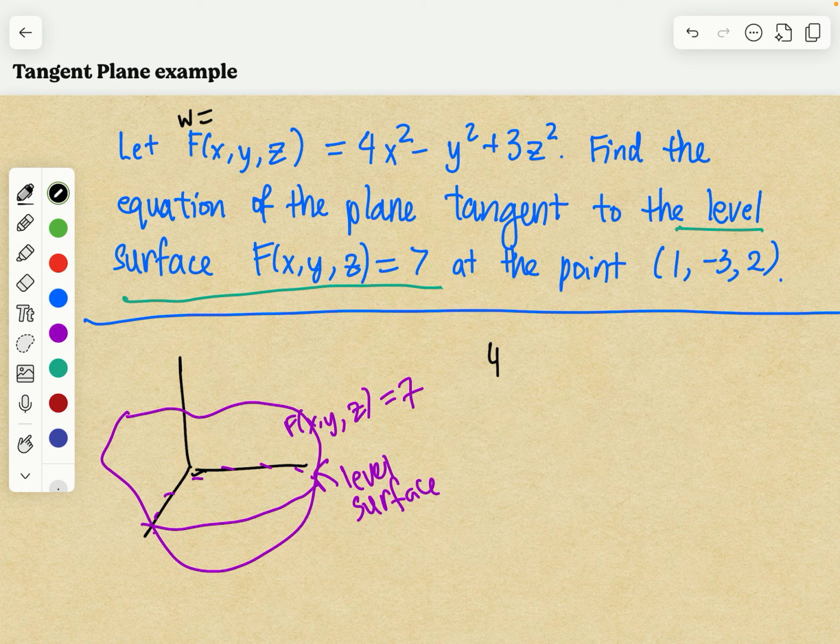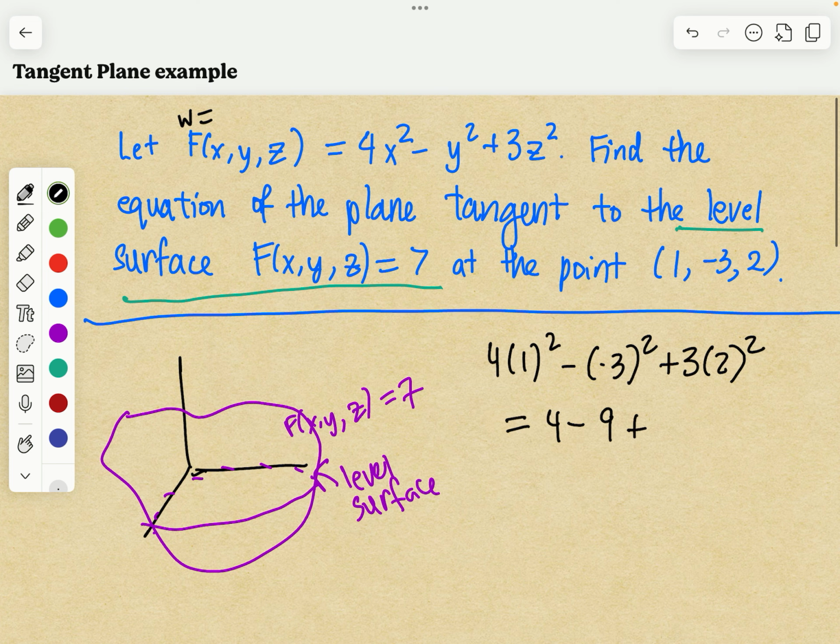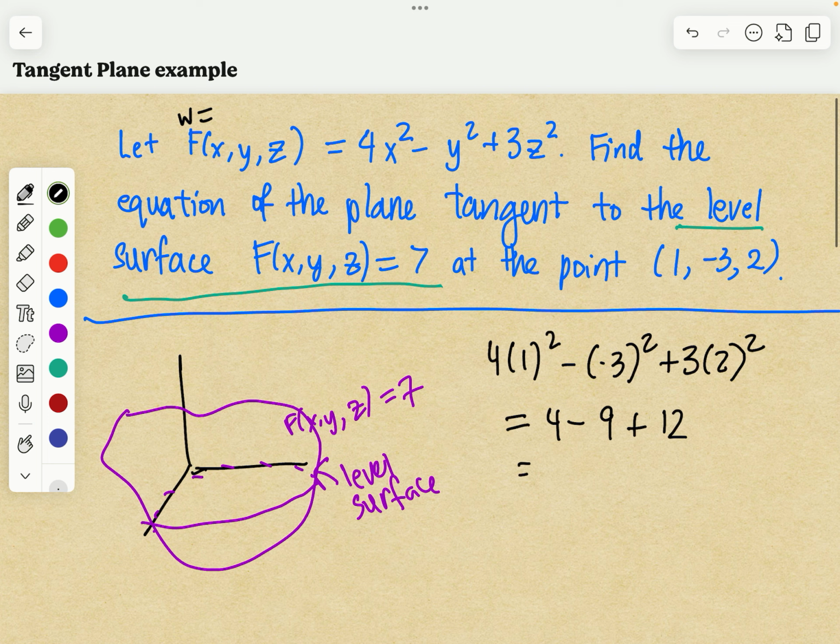Plugging it into this function, 4 times 1 squared minus negative 3 squared plus 3 times 2 squared is 4 minus 9 plus 12. That's negative 5 plus 12, which is in fact 7.